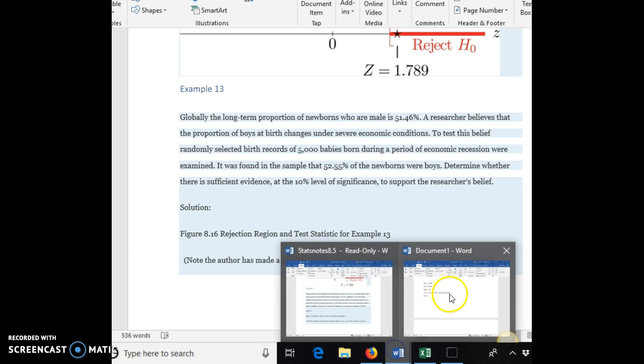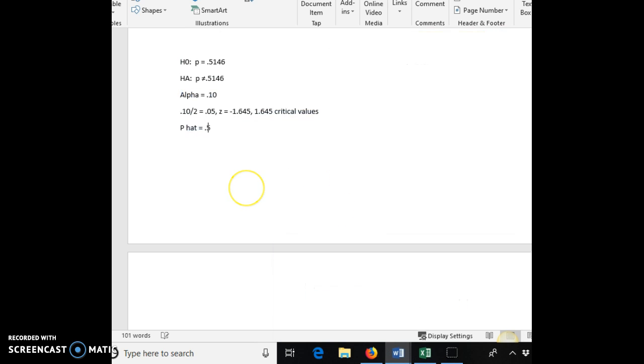All right, 0.5255. So let's get our test statistic now. And recall, for our test statistic, we want to take our p hat and subtract our value for p that we got up here in our null.